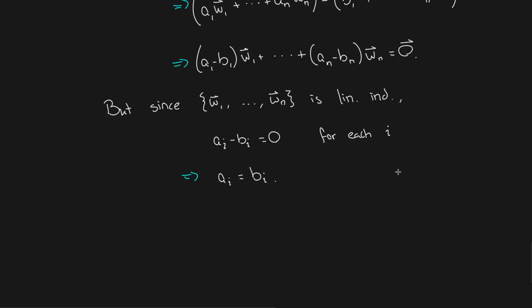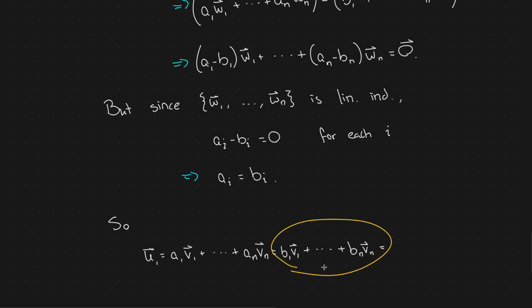So u1 is equal to a1 v1 plus dot dot dot plus an vn, but a1 is equal to b1. And all the other a's are equal to the corresponding b's. an is going to be equal to bn.